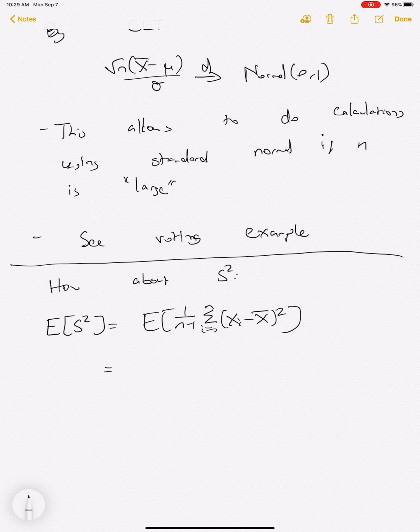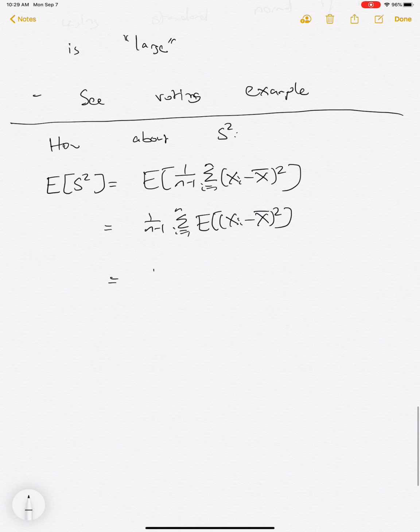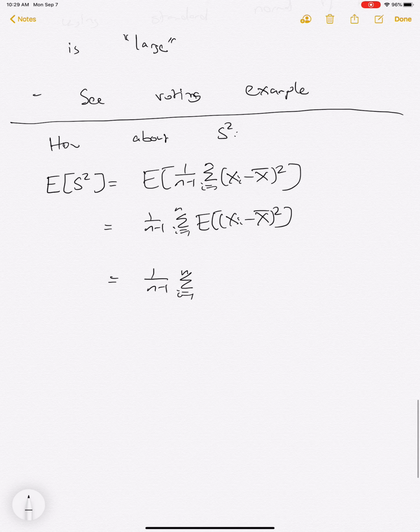So once again we can use linearity of expectation. And we'll again see why the n minus 1 comes out here.